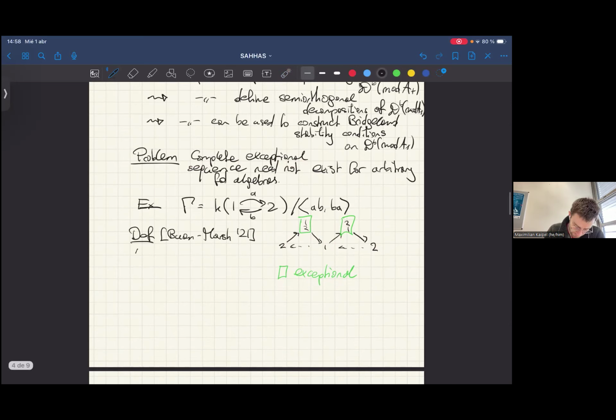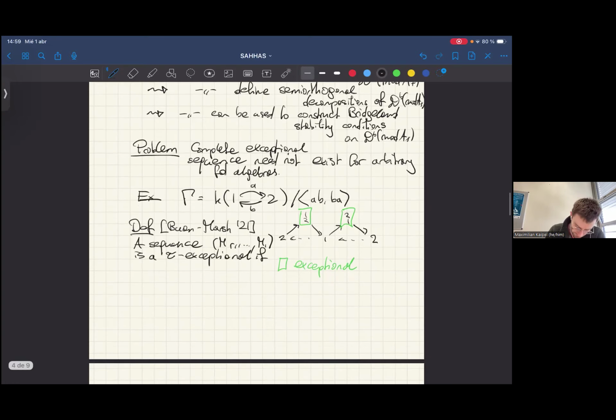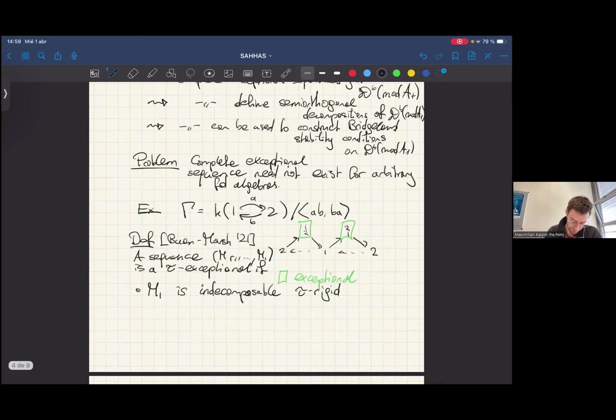They say that a sequence of modules, let's call it M_R to M_1, is a tau exceptional sequence if, this is a recursive definition, the first module on the right, M_1, is now instead of exceptional, tau rigid and indecomposable. This is to replace our exceptionality.